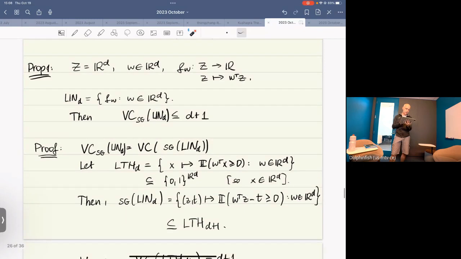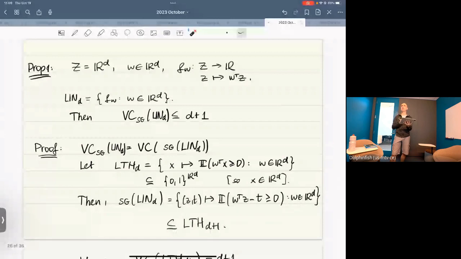And now just observe that the subgraph class underlying these d-dimensional linear functions, these functions here, are just like d plus 1 dimensional linear functions.